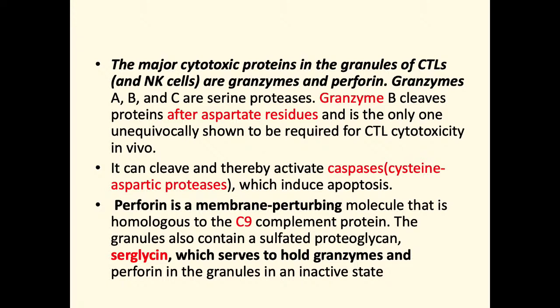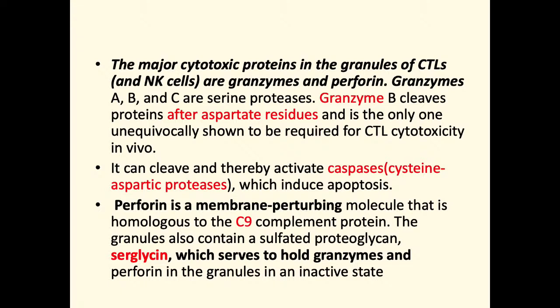Those patients along with meningitis also have a typical rash on the surface. So we should know that those patients must be vaccinated against Neisseria infections. So that's why C9 is important, and also perforin.